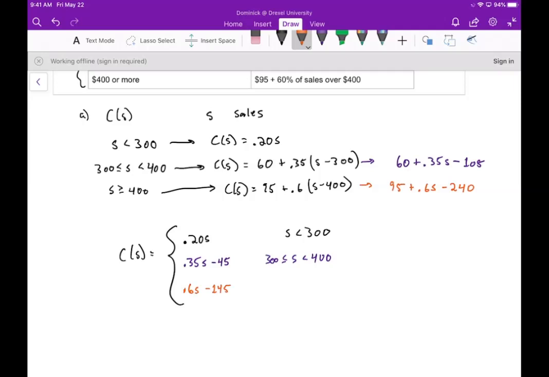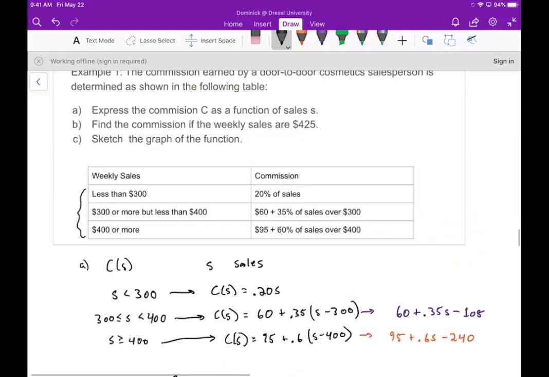Yeah, 145. I don't know why I'm second guessing that. And of course, that's for when S is greater than or equal to 400. So that's what's called a piecewise defined function, because for different input values, your function is defined differently.